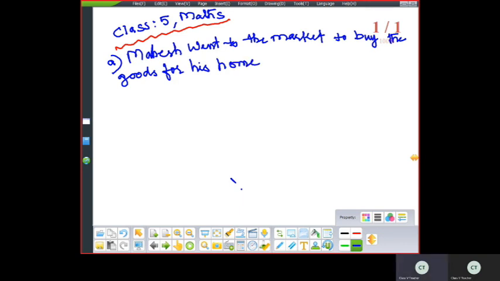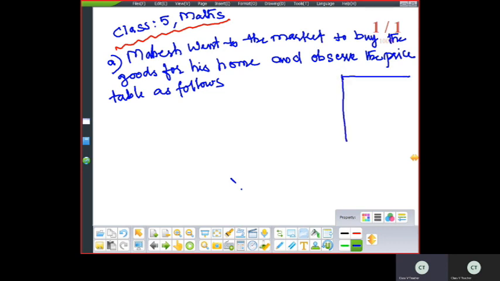And observe the price table as follows. So here Mahesh went to the market to buy some goods for his home. Okay. So he has gone through the market and he saw a price table there.